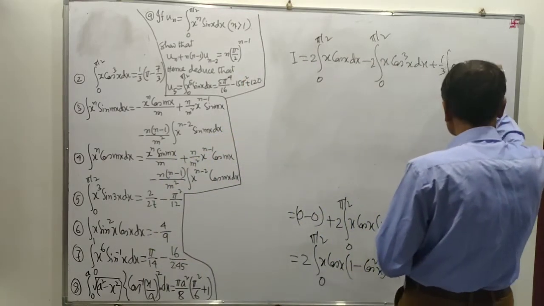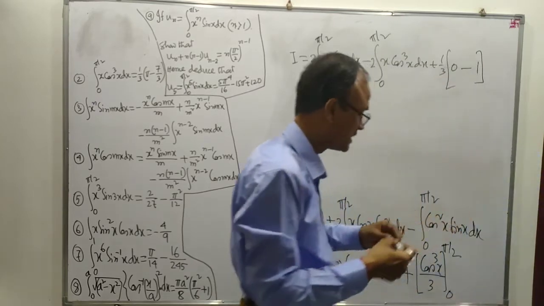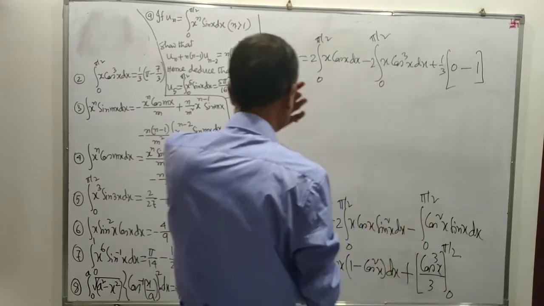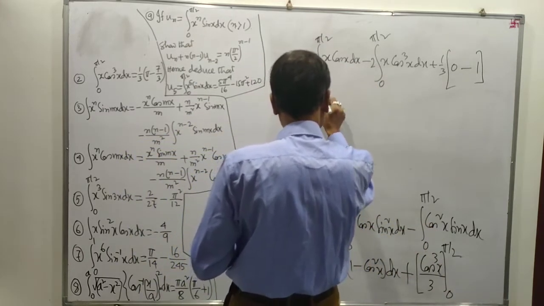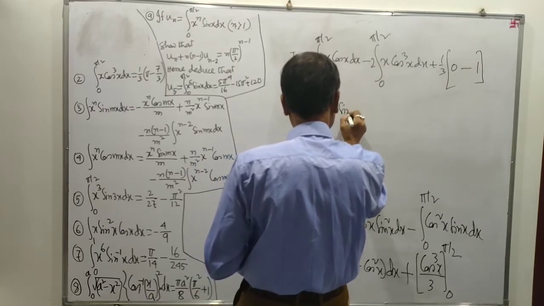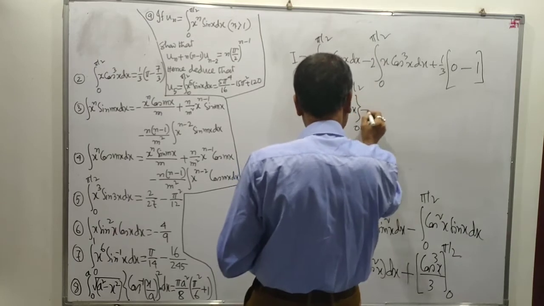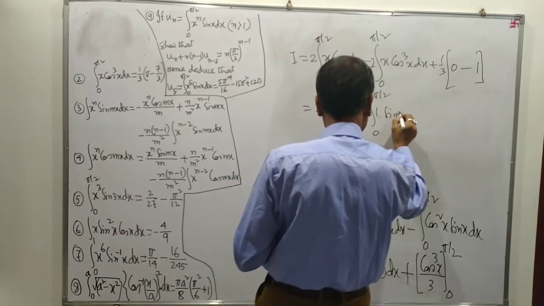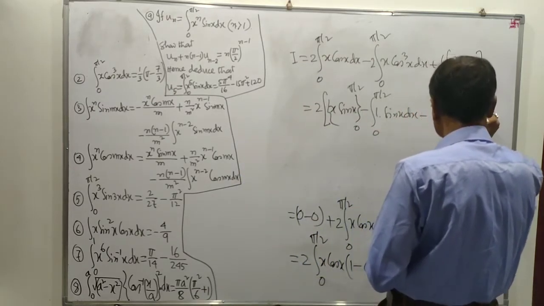Cos 0 equal to 1. Therefore, this is equal to 2 times, again integrating this by parts, x sin x from 0 to pi by 2 minus the integral from 0 to pi by 2 of the differentiation of x, which is 1, minus 2I minus 1 by 3.